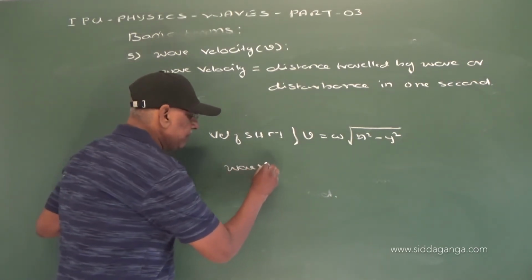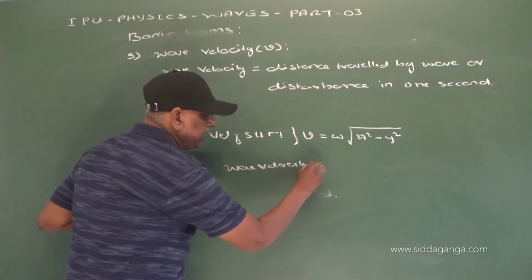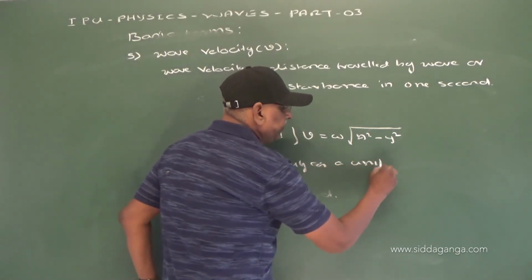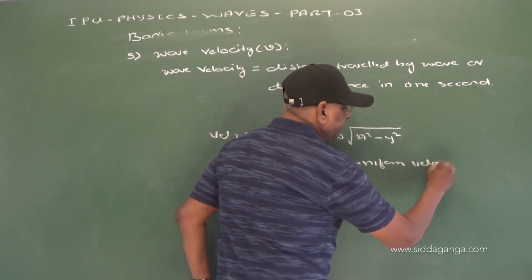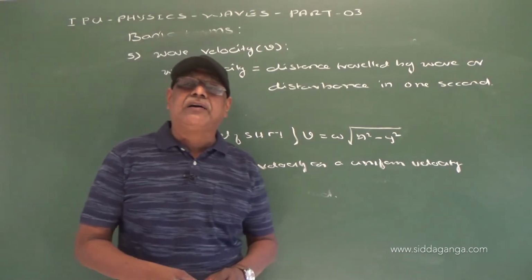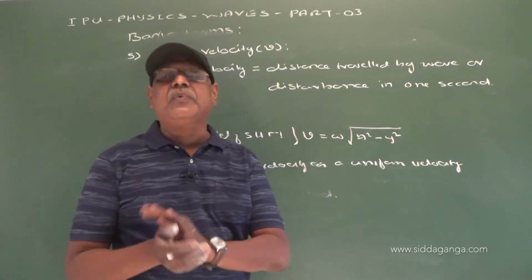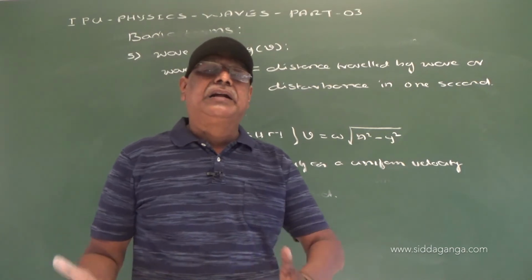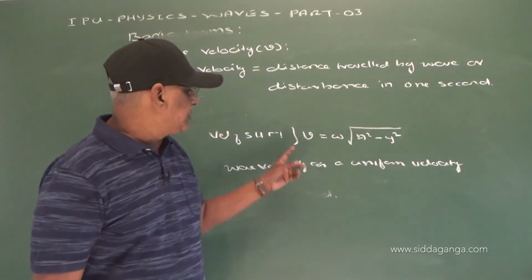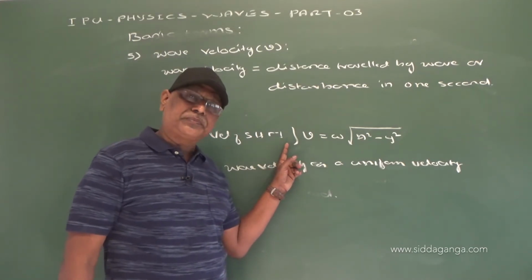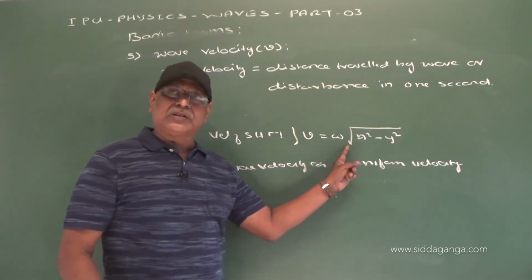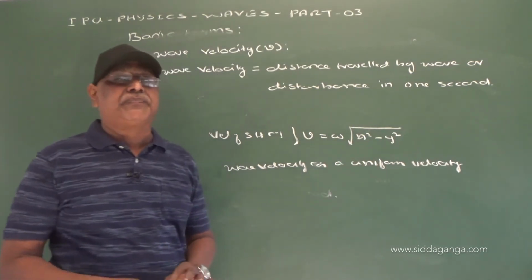But wave velocity is a uniform velocity. In a homogeneous medium, the velocity of a wave is uniform. It does not change with respect to time. Since there is a change in the velocity of simple harmonic motion, it is associated with acceleration.